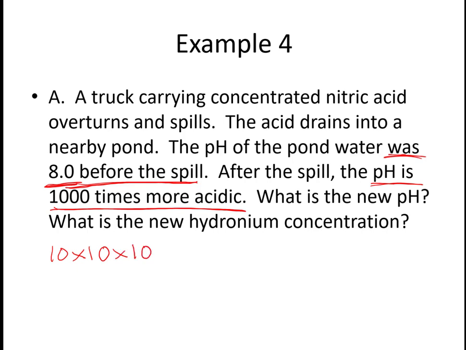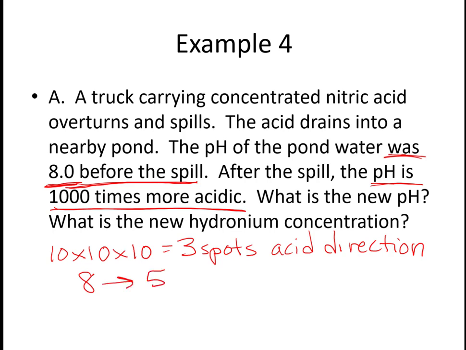So we're moving 3 spots on the pH scale. And we're moving 3 spots in the acidic direction. So if we were starting at 8, that means that we are going to be arriving at 5. So our pH will be 5 because we moved 3 spots from 8 down to 5.